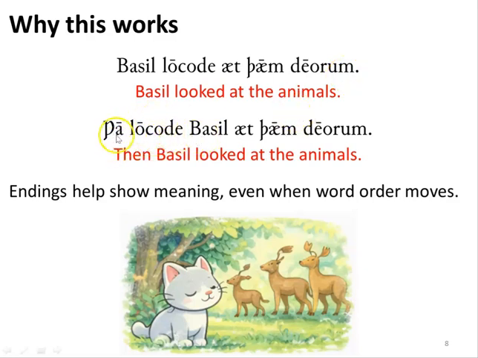So now thar has inverted the verb and the subject here, and thar can sometimes trigger that. Same meaning. Then Basil looked at the animals. Basil looked at the animals. Although there is a hint here of time, so pretty well the same meaning. But that thar, then, doesn't have to, but it can trigger the inversion of the subject and the verb.